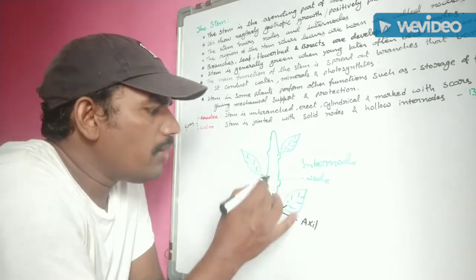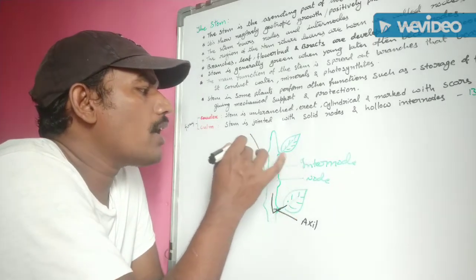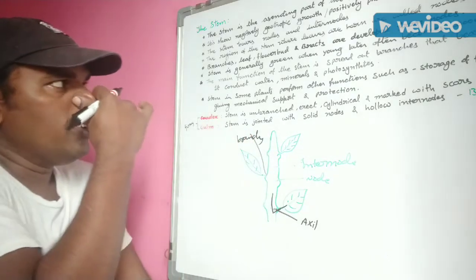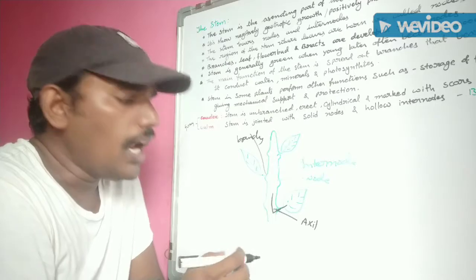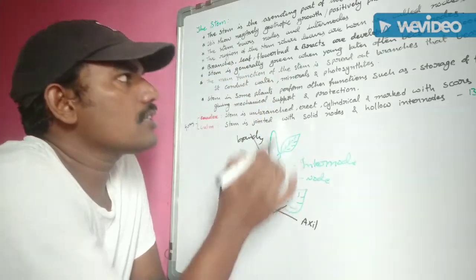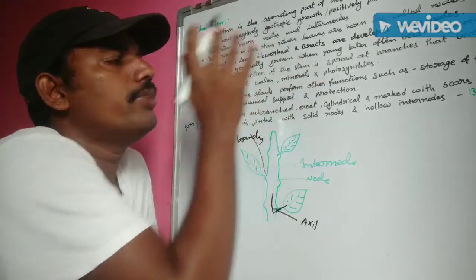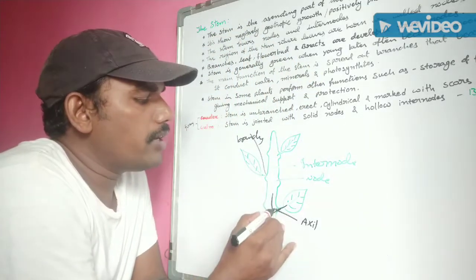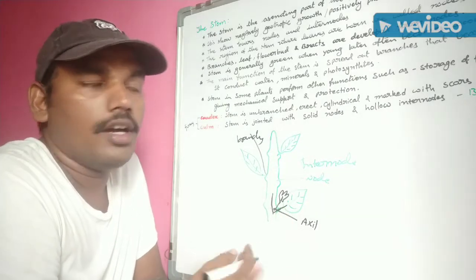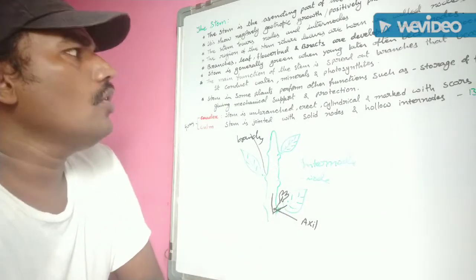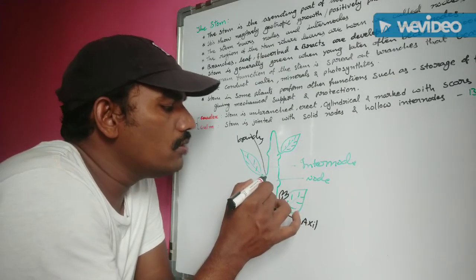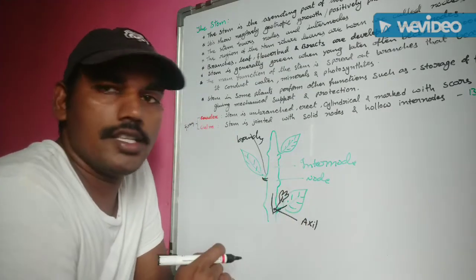This axillary bud will develop into a new branch. The nodal region also bears leaves and floral buds. The axillary bud metamorphoses into floral buds and forms a flower or inflorescence. Some bracts are also visible in the nodal region.